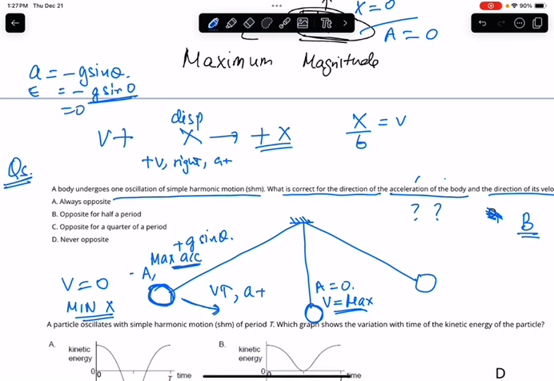So therefore, the acceleration is 0. Now when the pendulum is going from here to here, the velocity is still positive, but the acceleration starts to become negative.